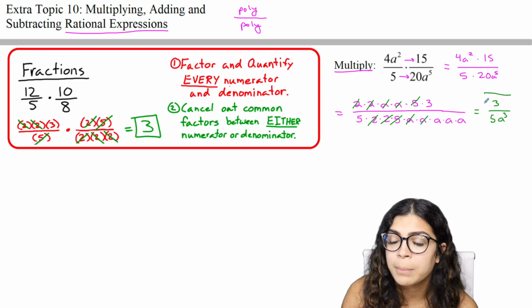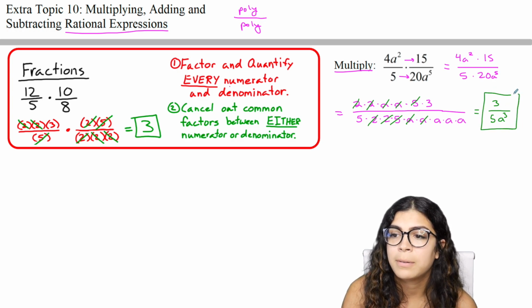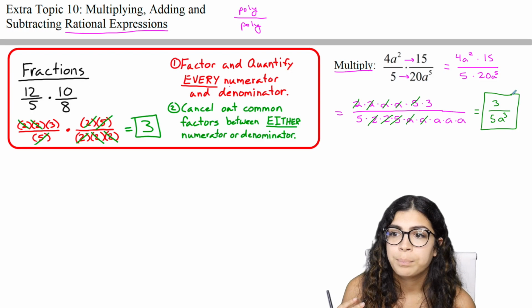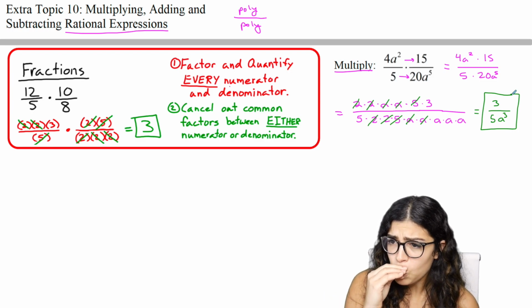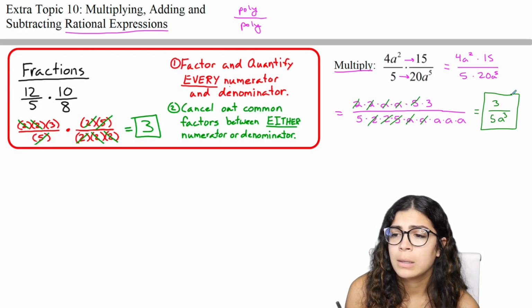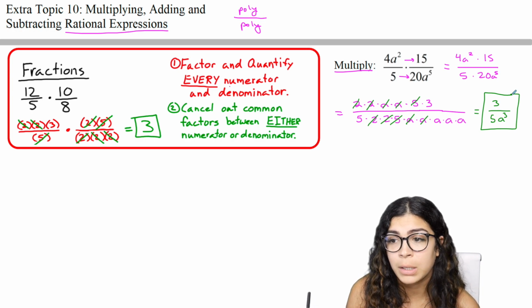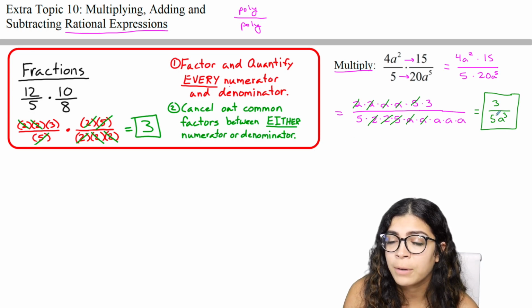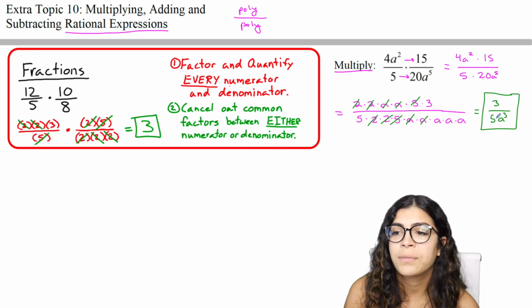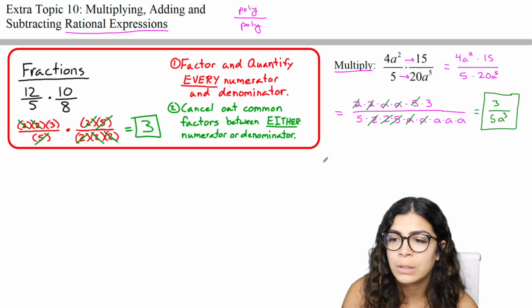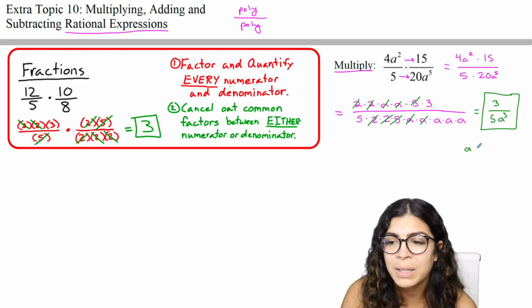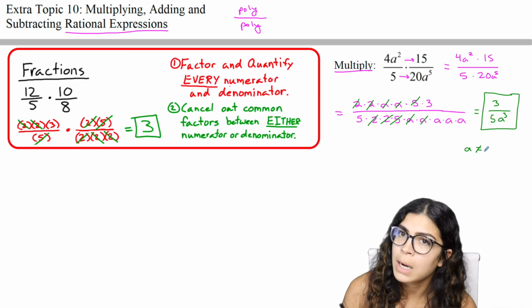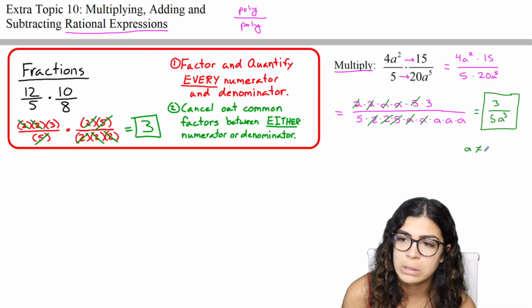Now, if you remember from the previous video where we did simplifying proportions, what you want to do is include any excluded values. So if you have a variable in the denominator, you have to say what value that variable cannot be, because then it would make the entire denominator of the fraction 0.